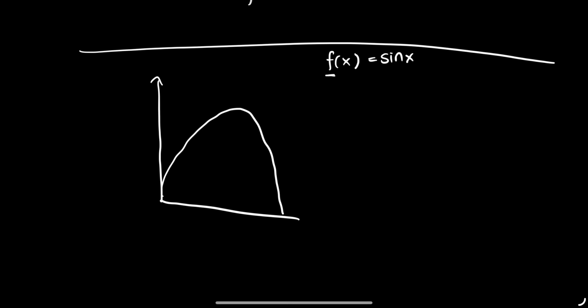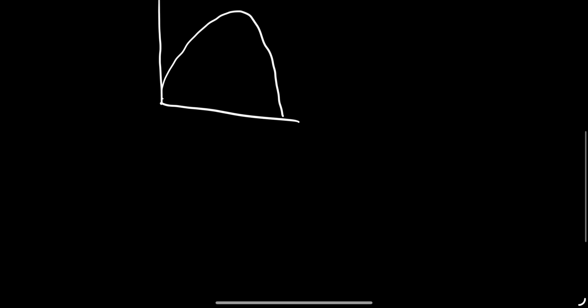Right? Now let's say we split this axis into say 1, 2, 3, and 4 parts, okay? And now what we do is we draw lines connecting it to the nearest point on the f x. So it should look something like this.